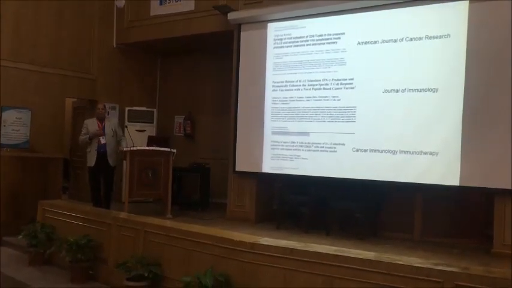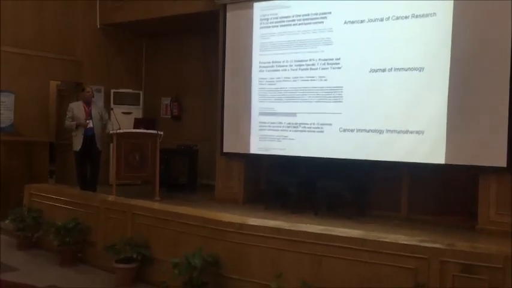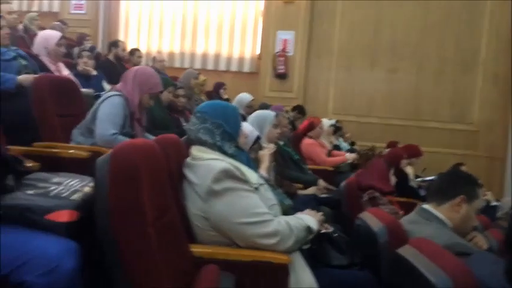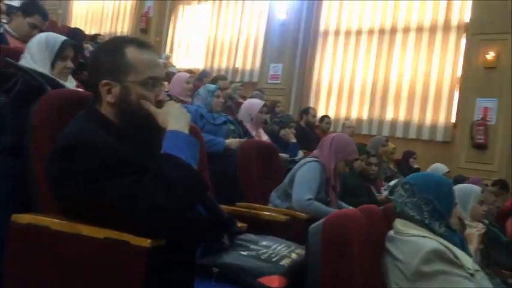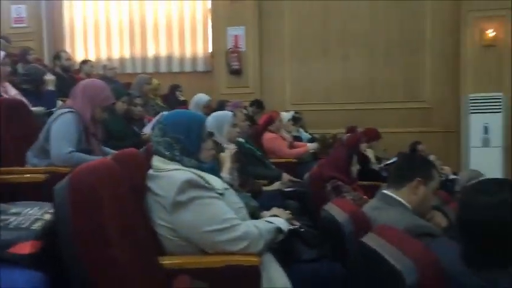At that time, we didn't know why IL-12 is doing so. Why IL-12, not IL-2 or IL-7 or IL-15, even though they are very effective cytokines. And we did one paper actually by the NIH group.